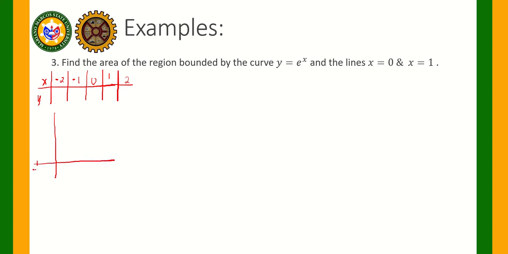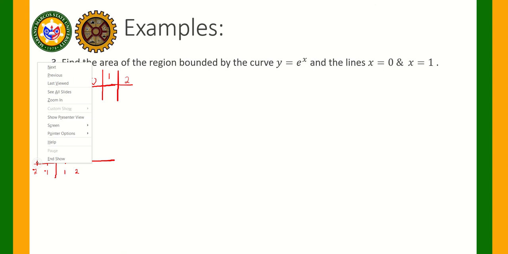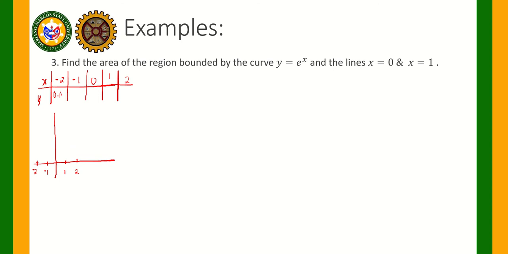When x is equal to negative 2, y is equal to 0.14, which is near 0. When x is equal to negative 1, y is equal to 0.37. So they are close to each other.